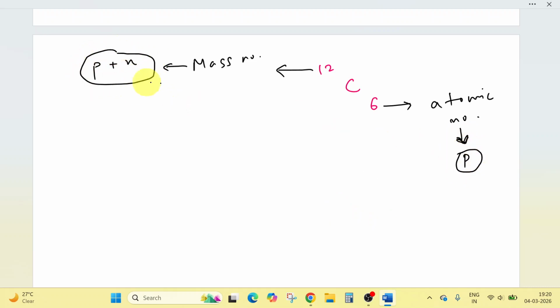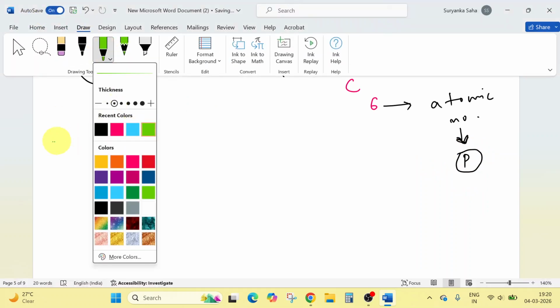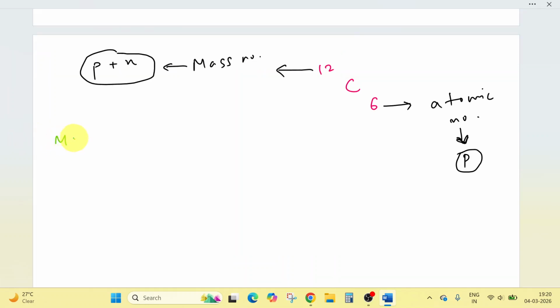this is p. Now if someone asks us what is the mass of carbon, we will say like this: mass of carbon is basically 12 gram. Okay, basically it is not 12 gram, it is 12 AMU.